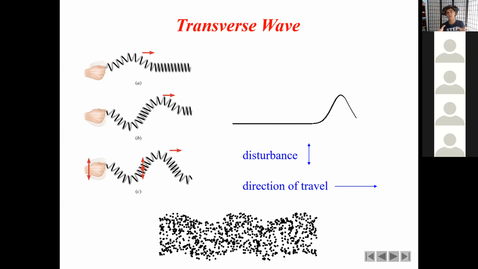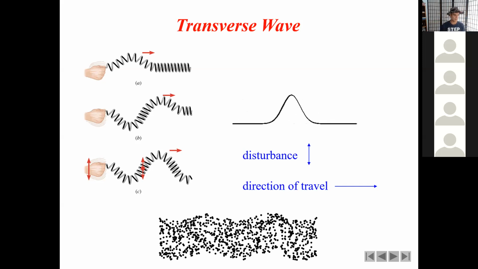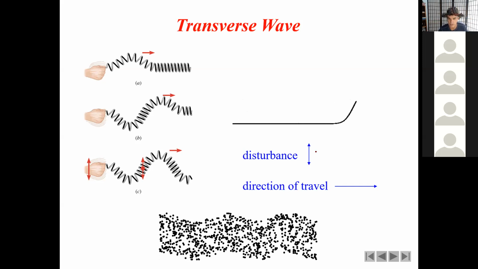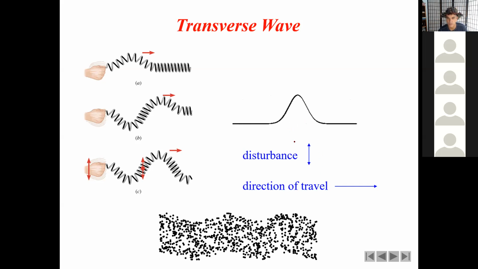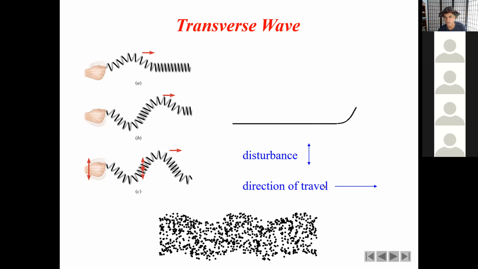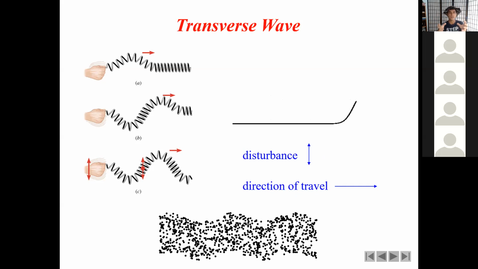But the direction of travel of the wave is the direction that this pulse is moving. If I were to look at one piece of the string, it just moves up and down, but the direction of travel of the wave is to the right. The medium doesn't move with the wave, it just oscillates up and down.